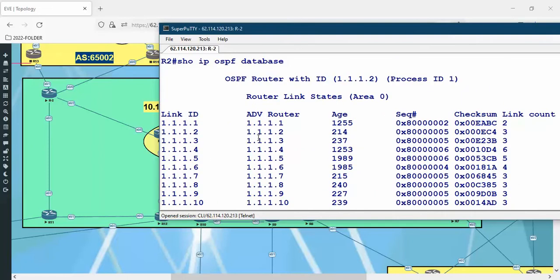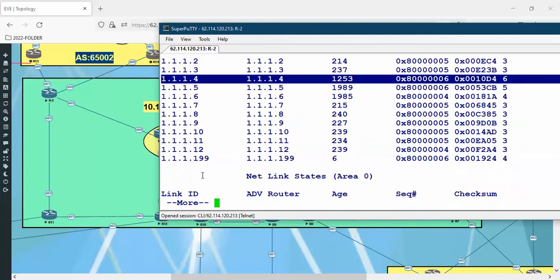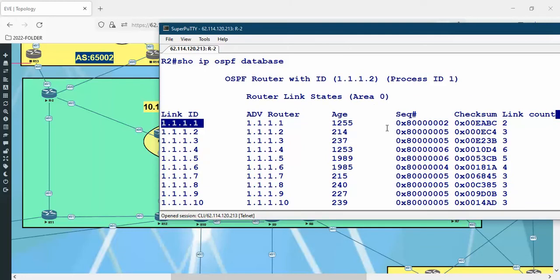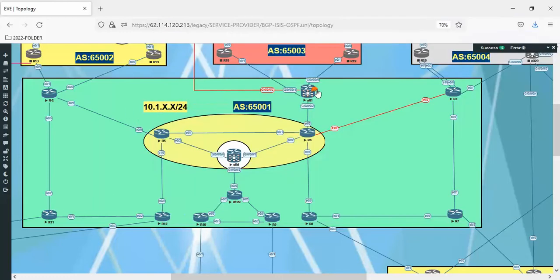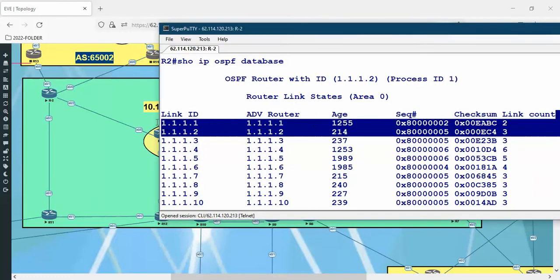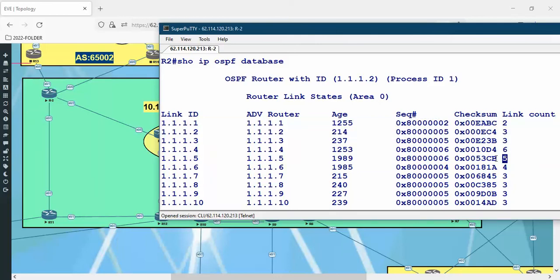Okay, this is the router LSA from router 1, 2, 3, 4, 5, 6, 7, 8, 9, 10, 11, 12. Each router is generating how many links? Meaning here router 1 generates 2 links, the loopback and the transit. And router 2 has 3 links, the loopback and the other two. Okay, all right.